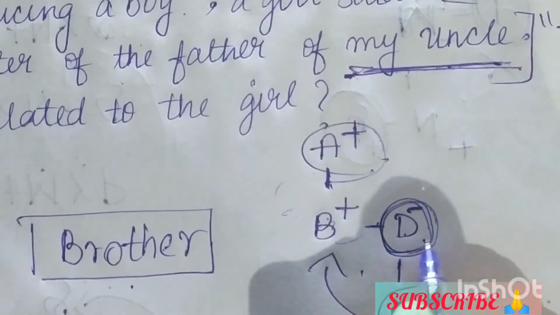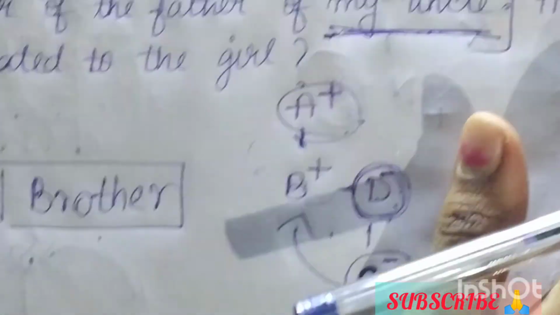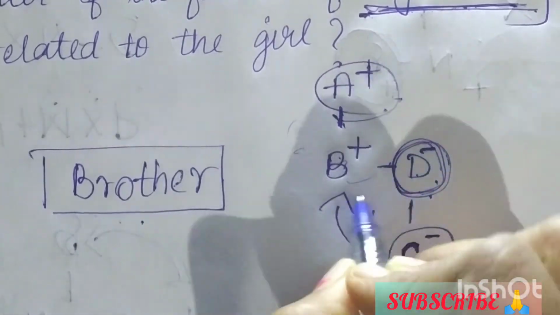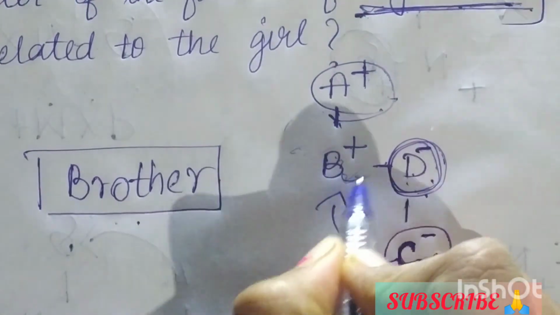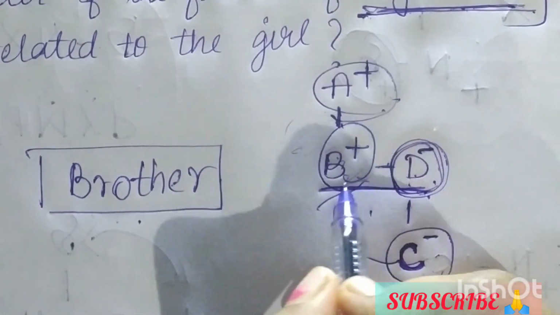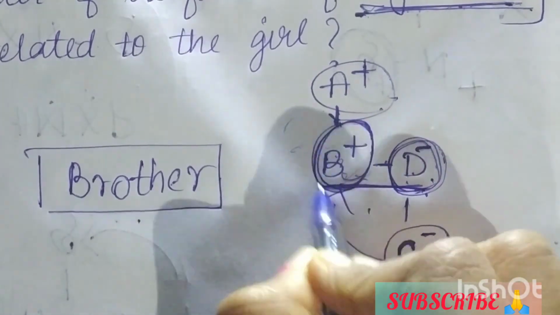Then son of the daughter of the father. Then they asked, how is the boy related to the girl? These both are sister and brother. So boy is brother for D. So hence the answer is brother.